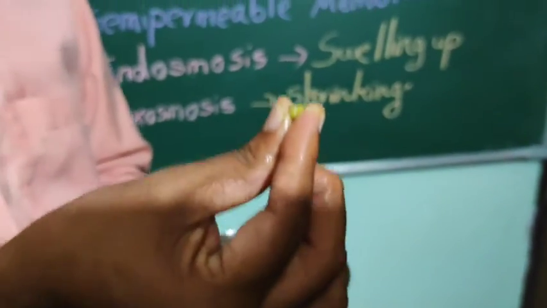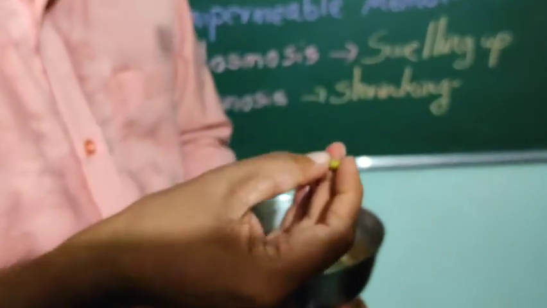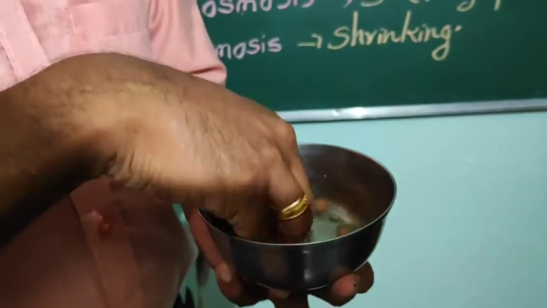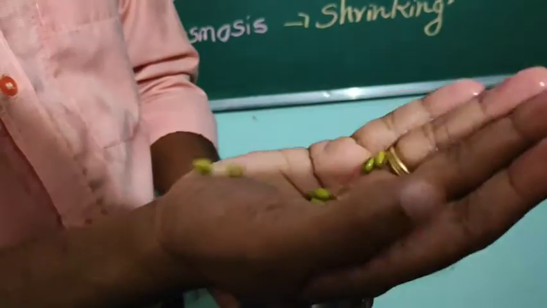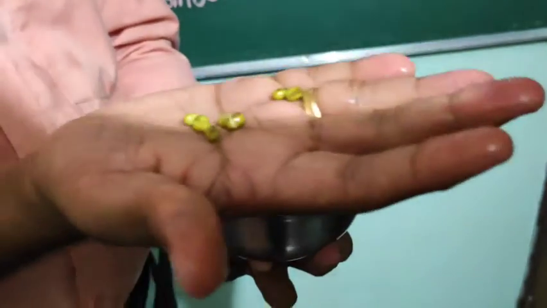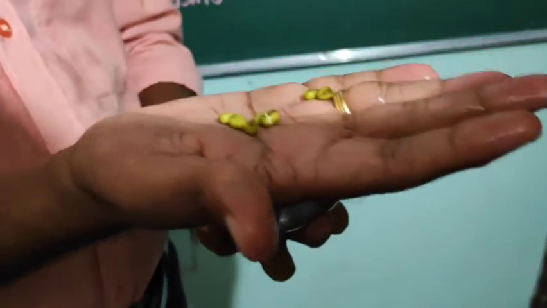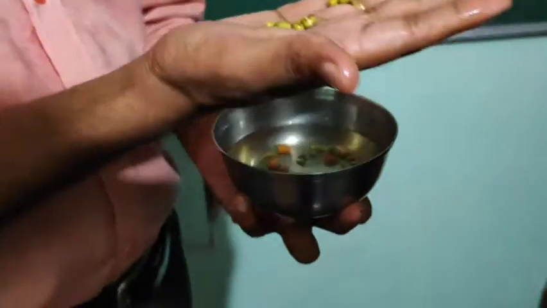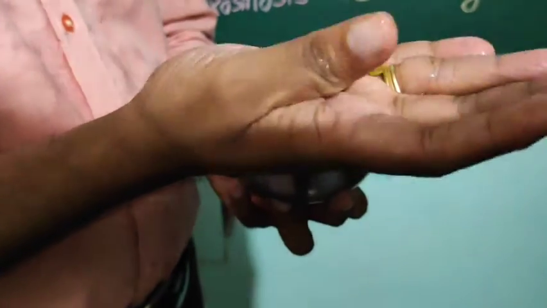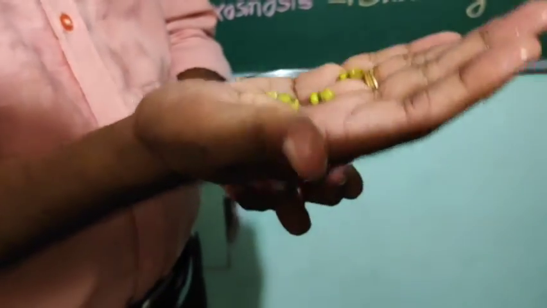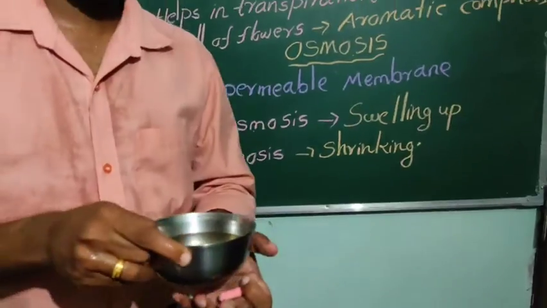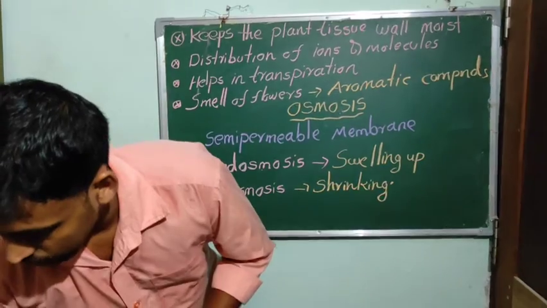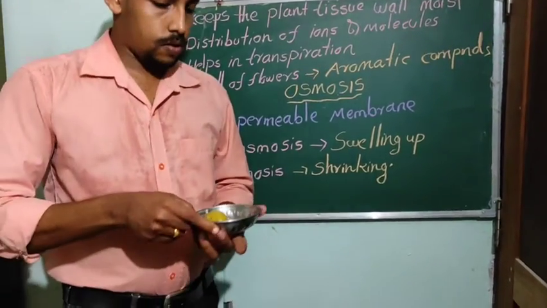When water enters a cell, it may swell up. Here the seeds have swelled up. This is due to the inward diffusion of water molecules through the semi-permeable membrane. So this is endosmosis.